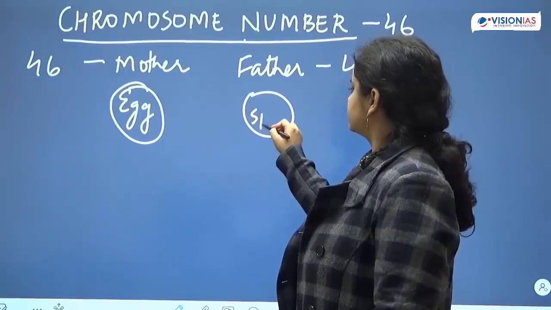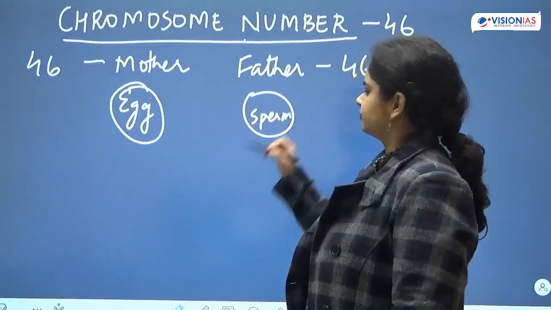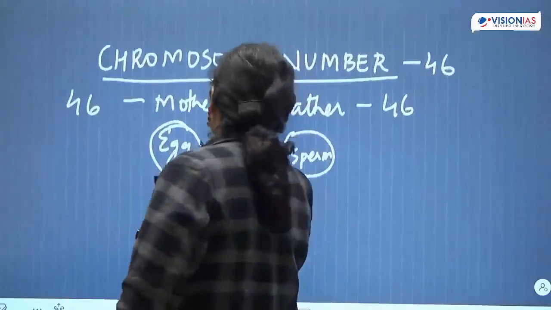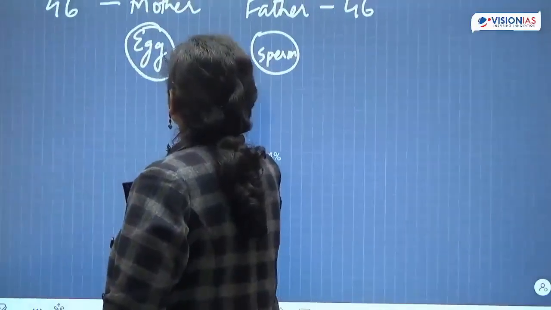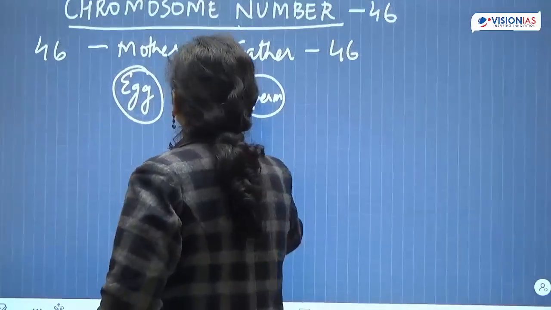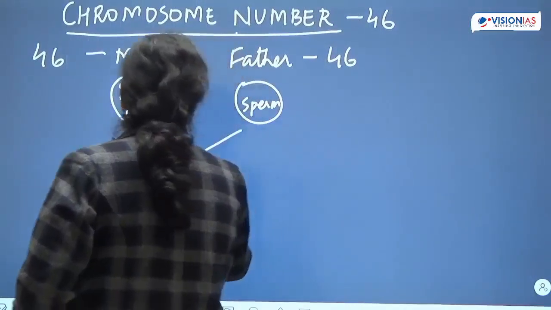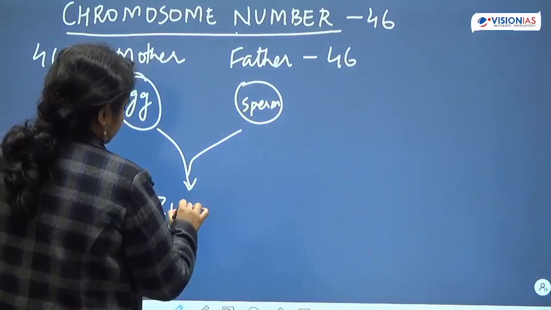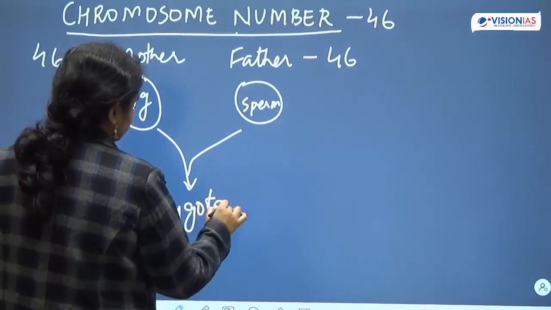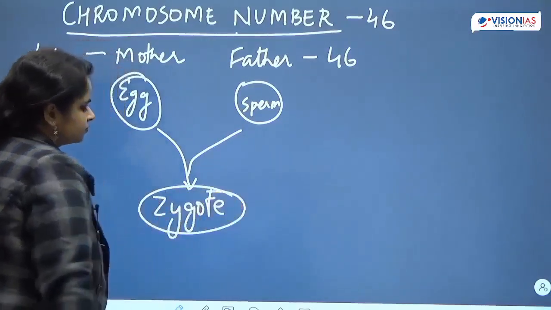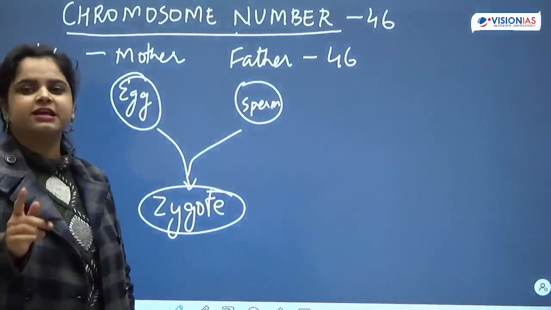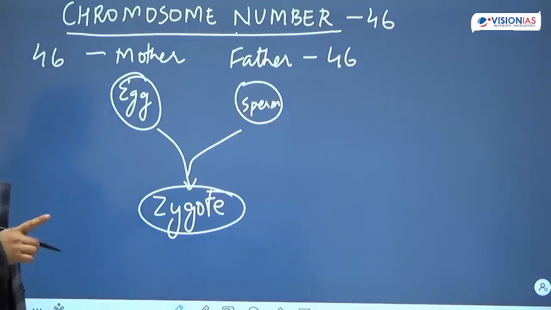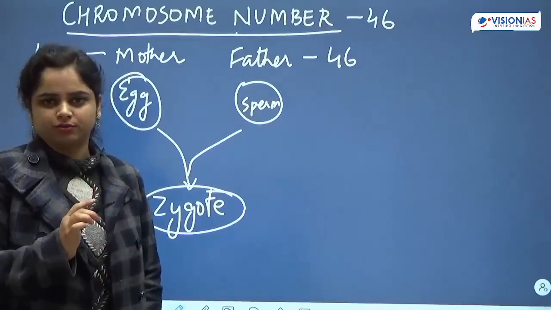Father gives a sperm. At the time of reproduction, the egg and the sperm, they meet, they join together, and a new cell called zygote is formed. So, zygote is the first cell of your life. Life of an organism starts with the single cell, which is the zygote.